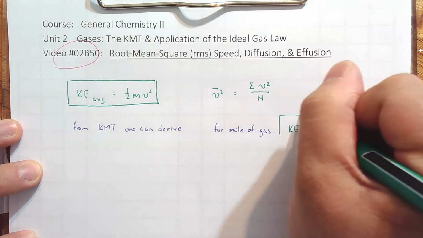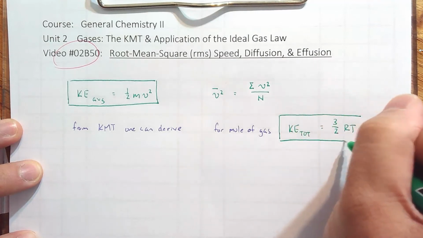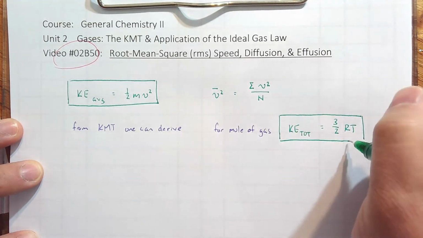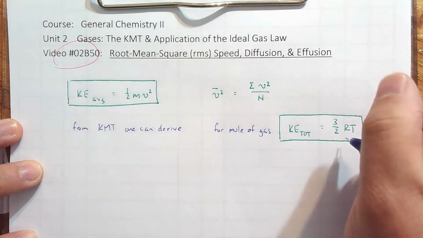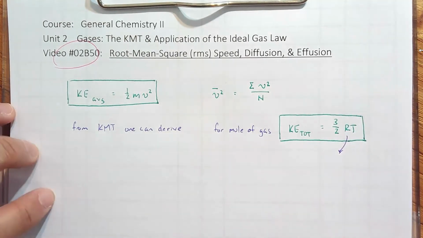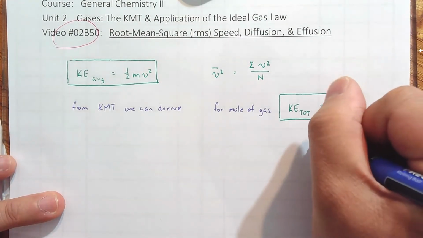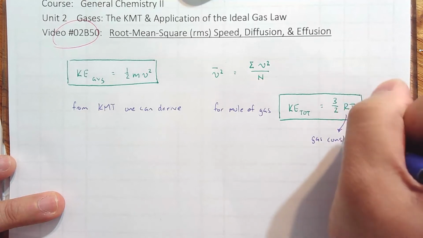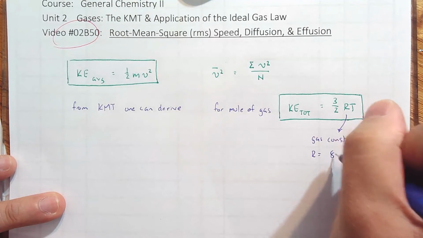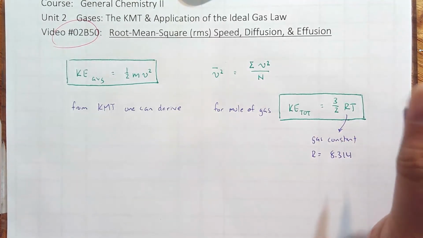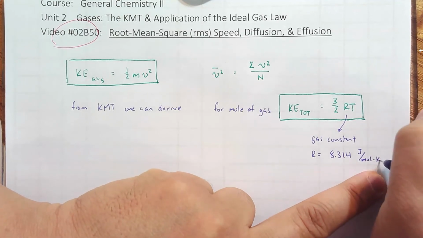Now, I'm not sure how this was derived, but it is related to postulate 4 of the kinetic molecular theory. What we will need to know, and what we'll be using a lot in future topics, is the R. This is called the gas constant. The gas constant R equals 8.314, and the units are joules per mole K.